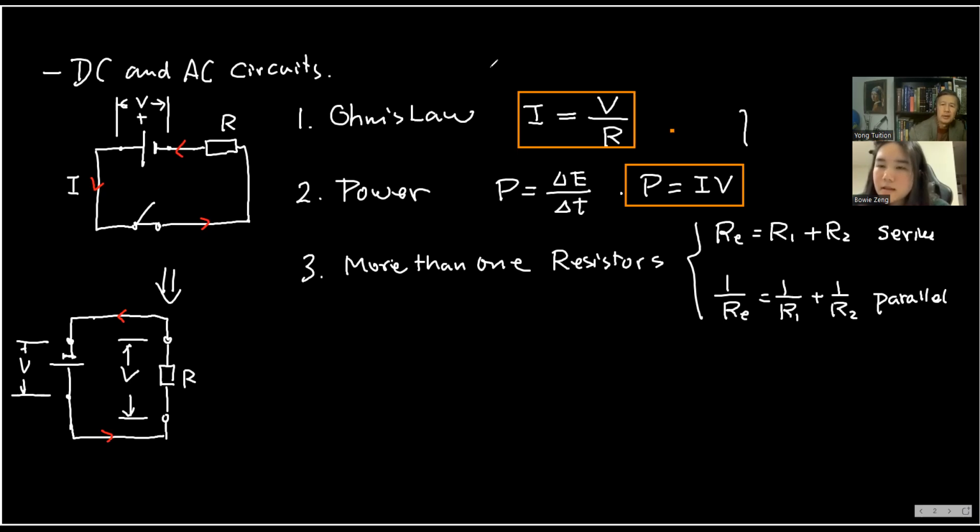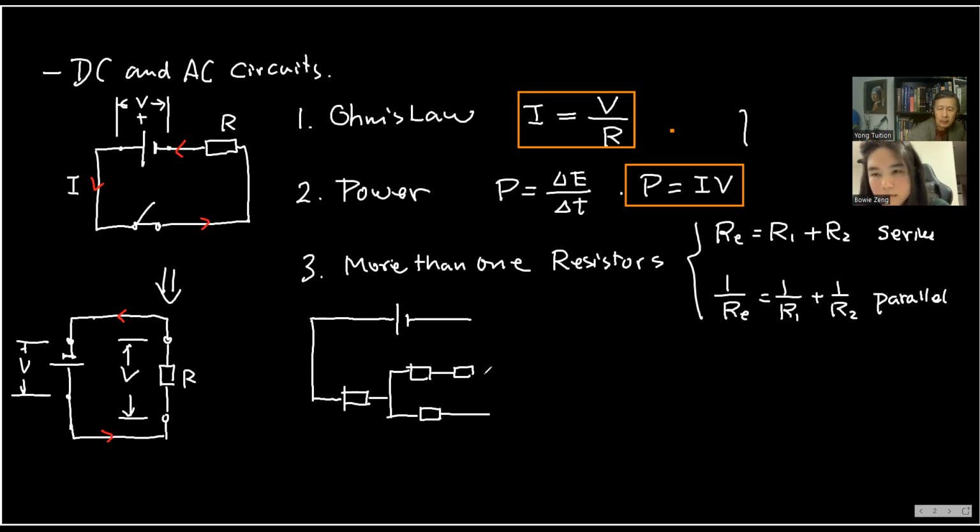So, returning to our question. For example, this diagram comes from one of the exams, the PAT test. If you put the resistors like this, can you work out the effective resistance?